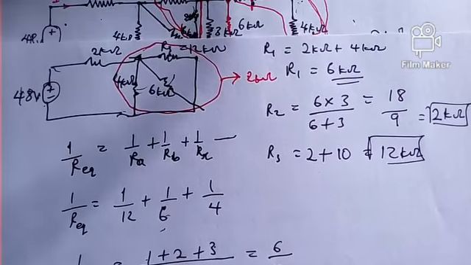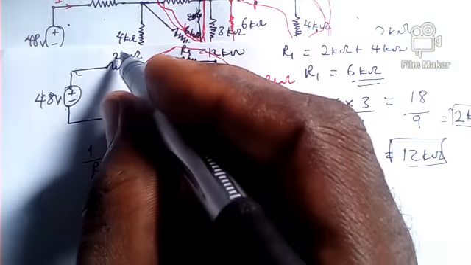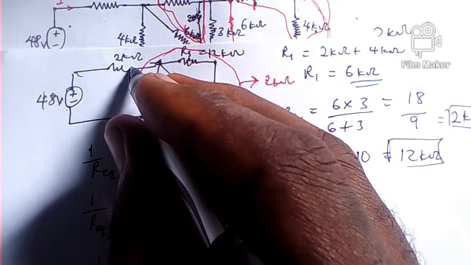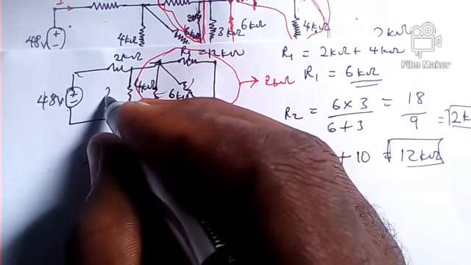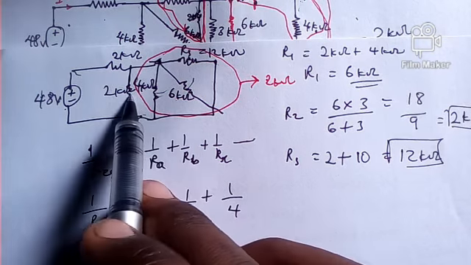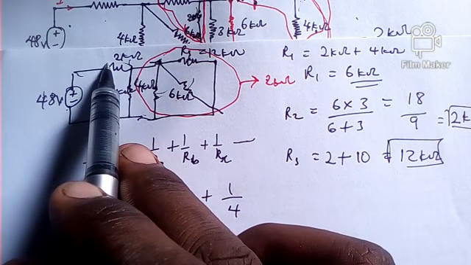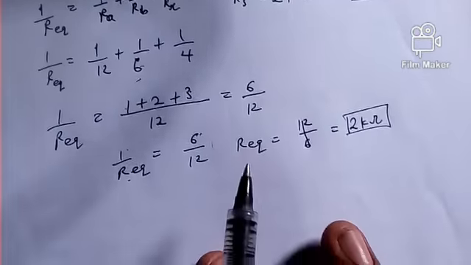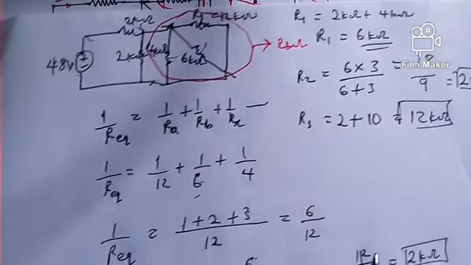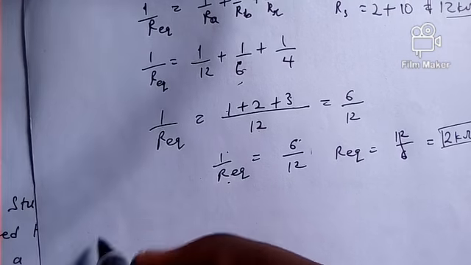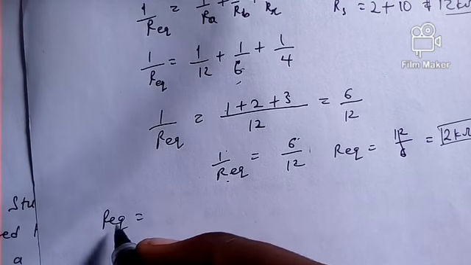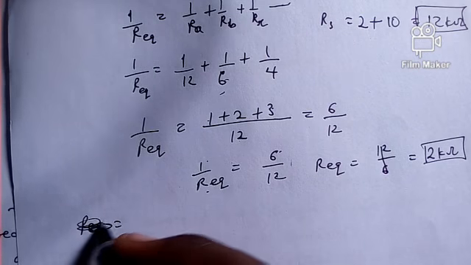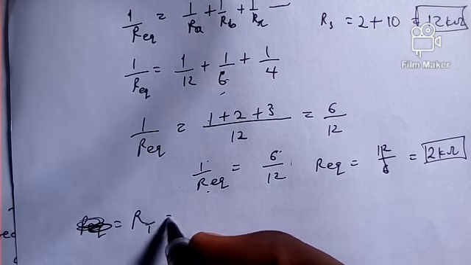So it now leaves us with what we have here. This is 2 kilo ohm. So I can replace it with just a resistor like this, 2 kilo ohms. You can see that this 2 kilo ohm is in series with this 2 kilo ohm, so I can simply add up. Finally, my final equivalent resistance, let's call it R total.